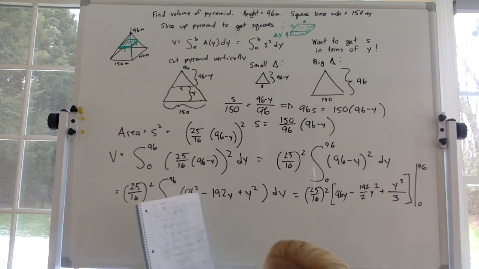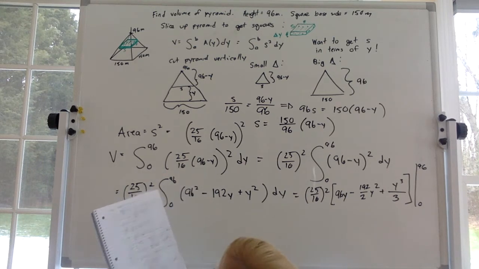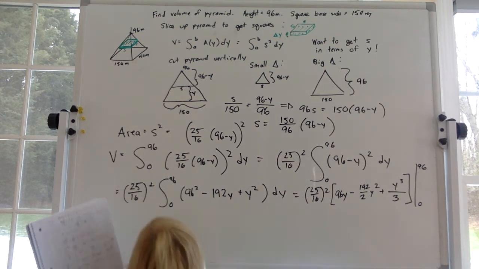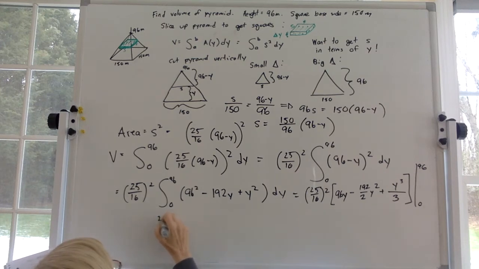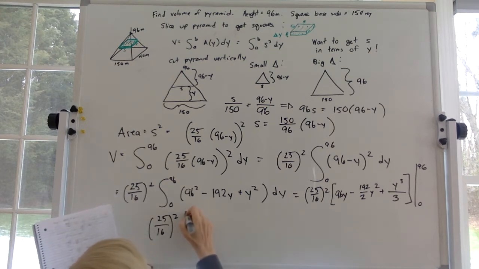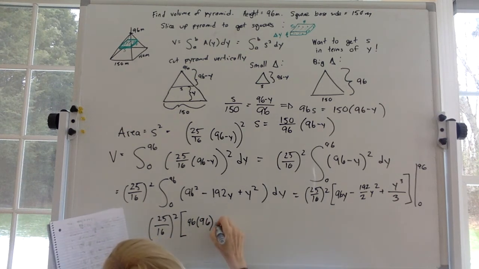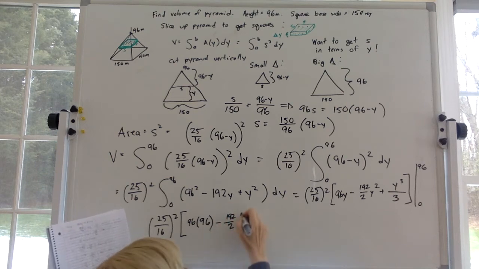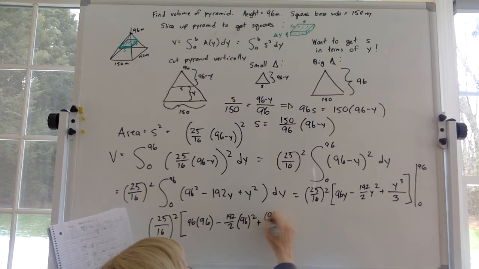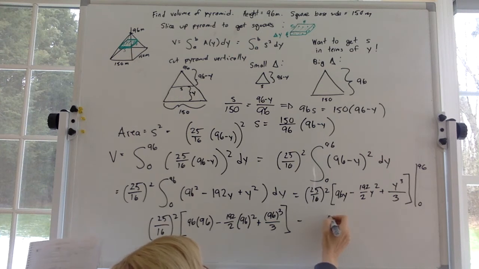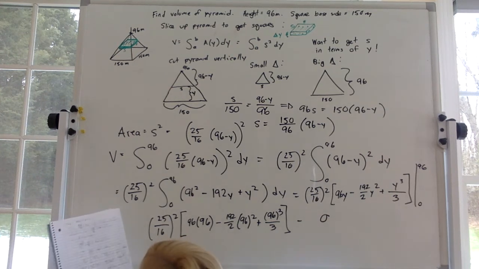Okay, plug in time. There are lots of places where you can make a mistake. So it's 96 times 96, plugging in 96 for y, minus 192 over 2 times 96 squared, plus 96 cubed over 3, minus, I can just put a big fat 0 in for the second part, because once you put 0 in, all the terms are 0.